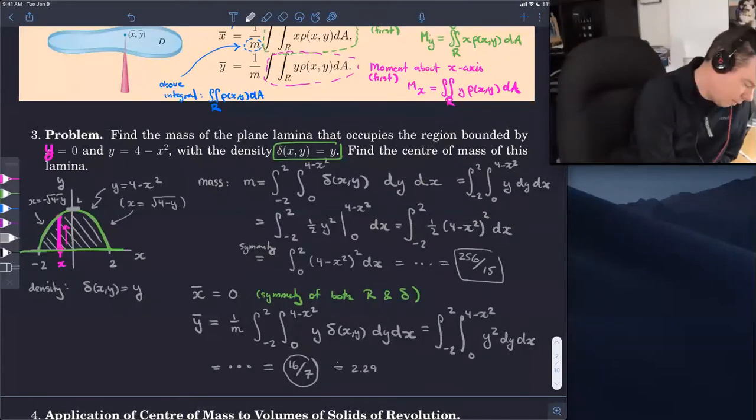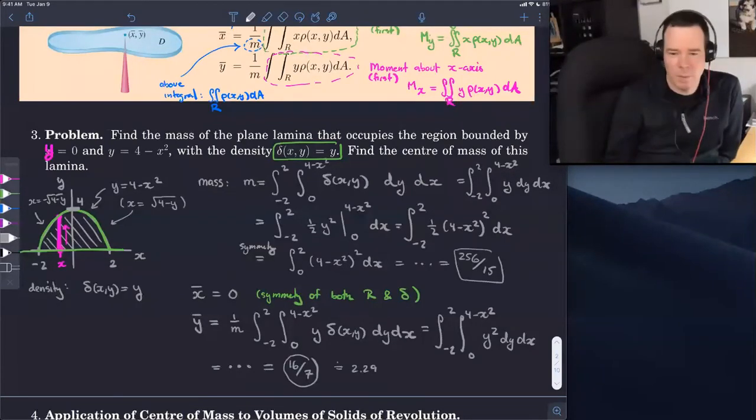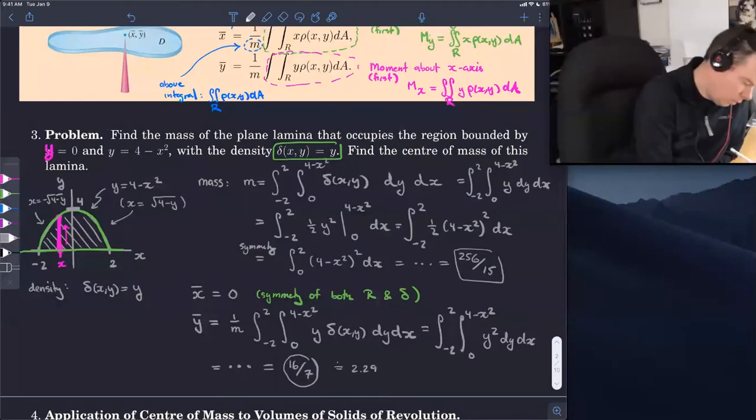I know this is a height of 4 up the y-axis. That's where our parabola ends, its vertex is up there at a height of 4. And 2.29 means we are just above halfway. So we are somewhere around here. Maybe I'll put this in a different color. That is going to be our center of mass.